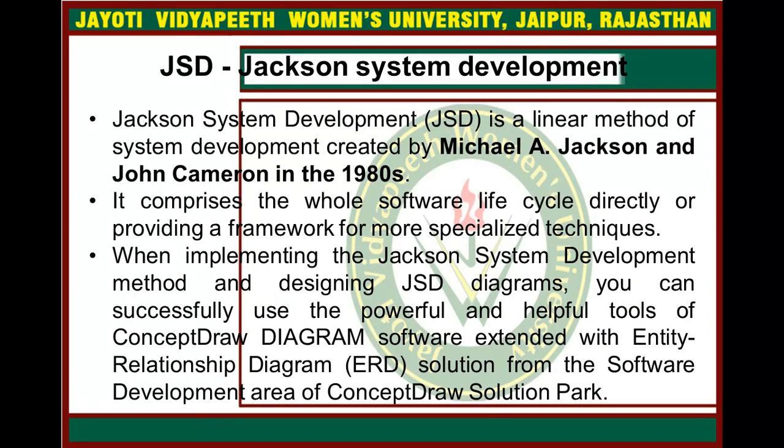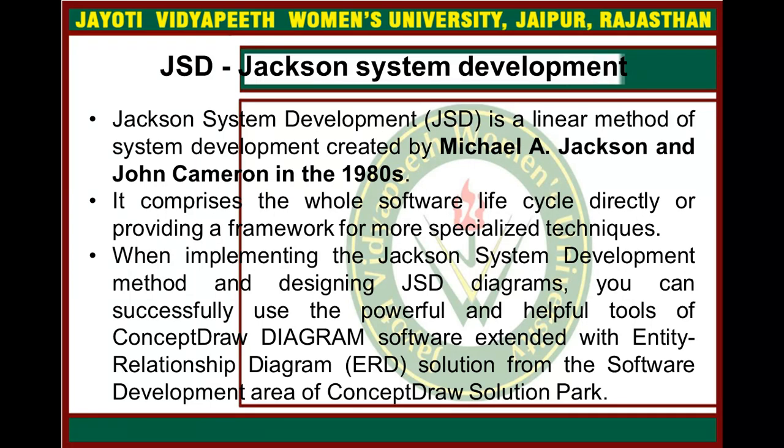And now comes the JSD, that is Jackson System Development. Jackson System Development, JSD, is a linear method of system development which was created by Michael A. Jackson and John Cameron in the 1980s, and it comprises the whole software lifecycle directly or provides a framework for more specialized techniques.